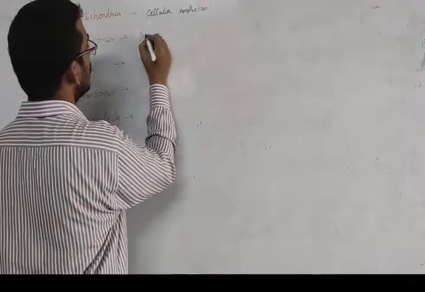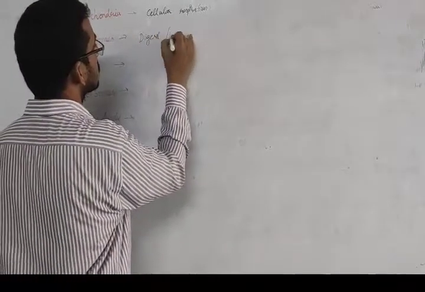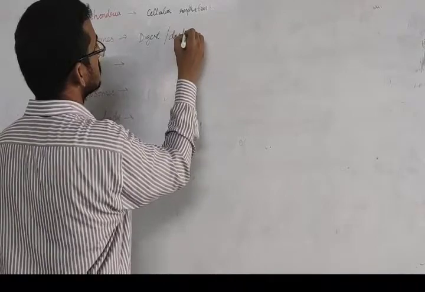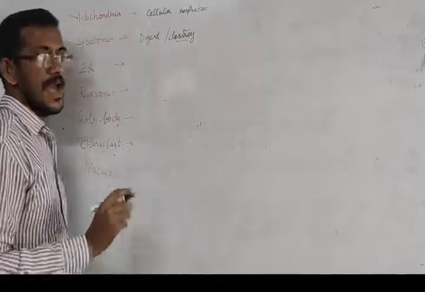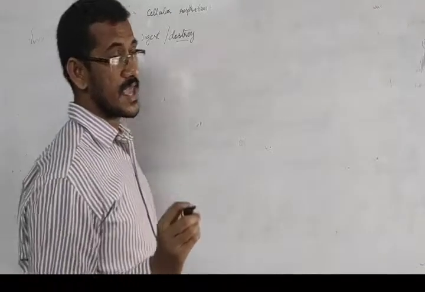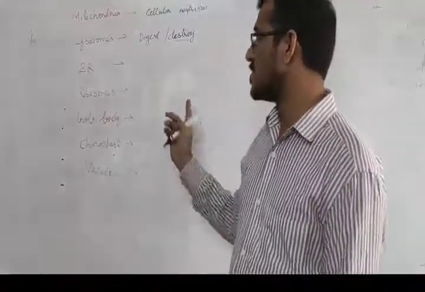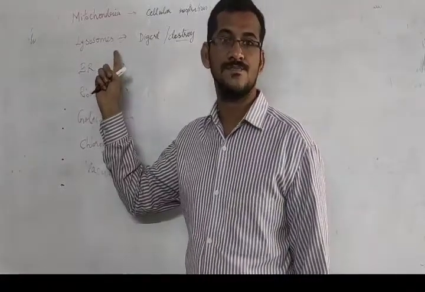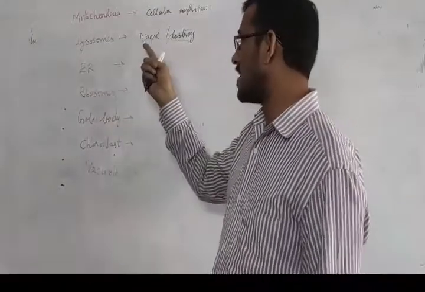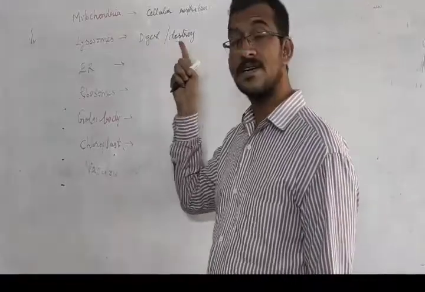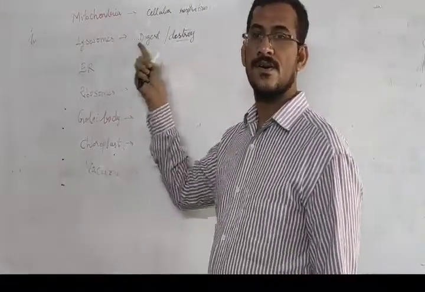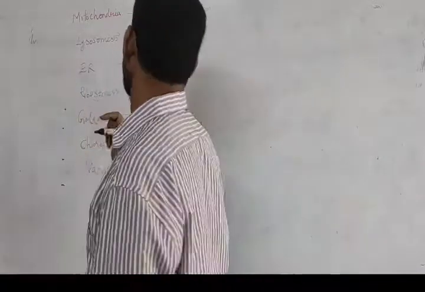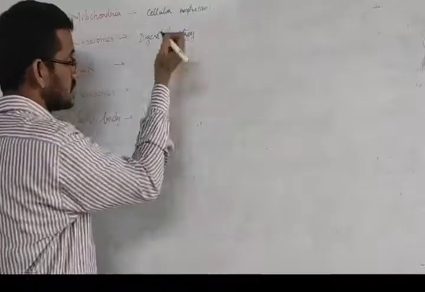It is going to digest, and some materials it is going to destroy. Okay, the unwanted things. Understood? Some cancer causing agents are also destroyed by the lysosomes. The materials that are not digested by the cell are digested by lysosomes. Okay, so it helps in digestion and destroying things.